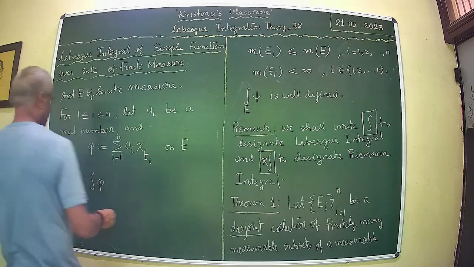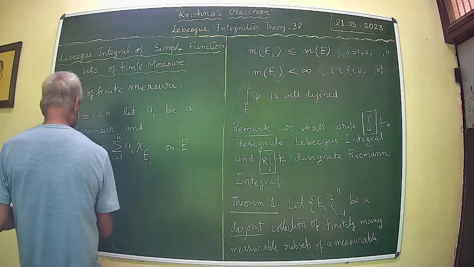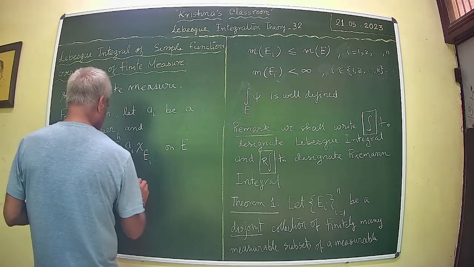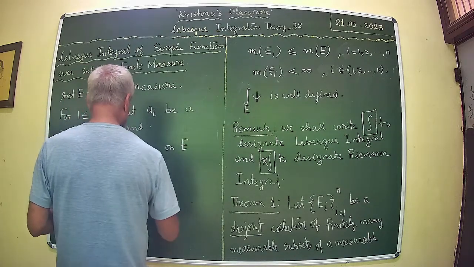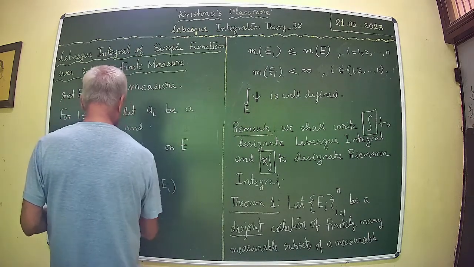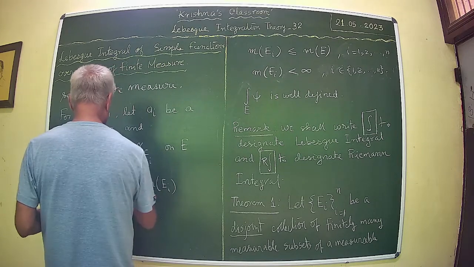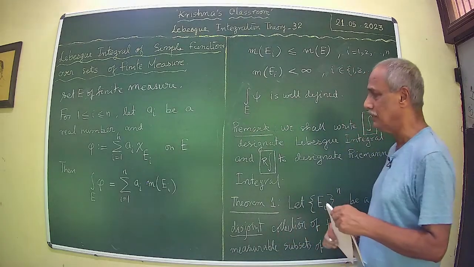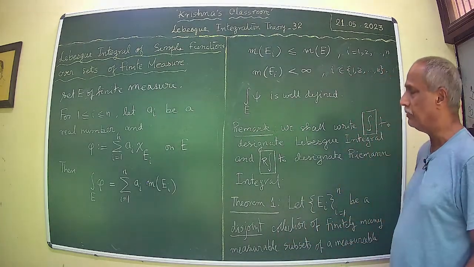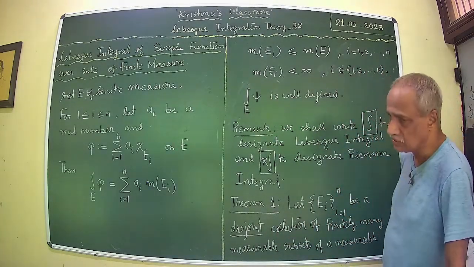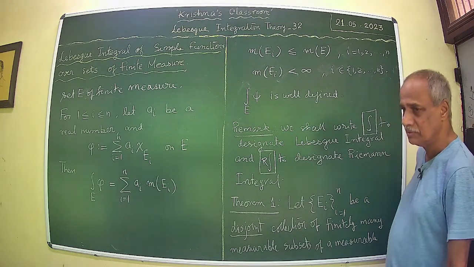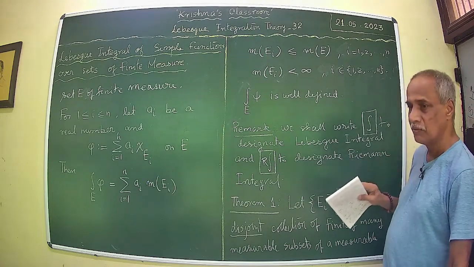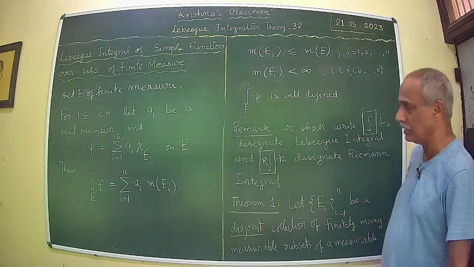The Lebesgue integral of phi over E is equal to the sum of a_i times the measure of E_i. Now the important point here, see, we have defined it in the situation where the a_i are all different or distinct, but now we are not assuming that.